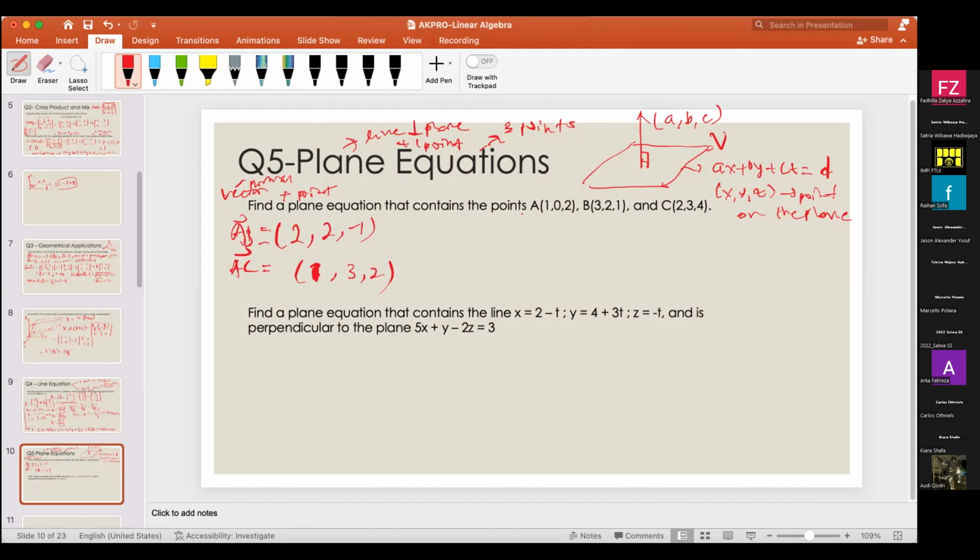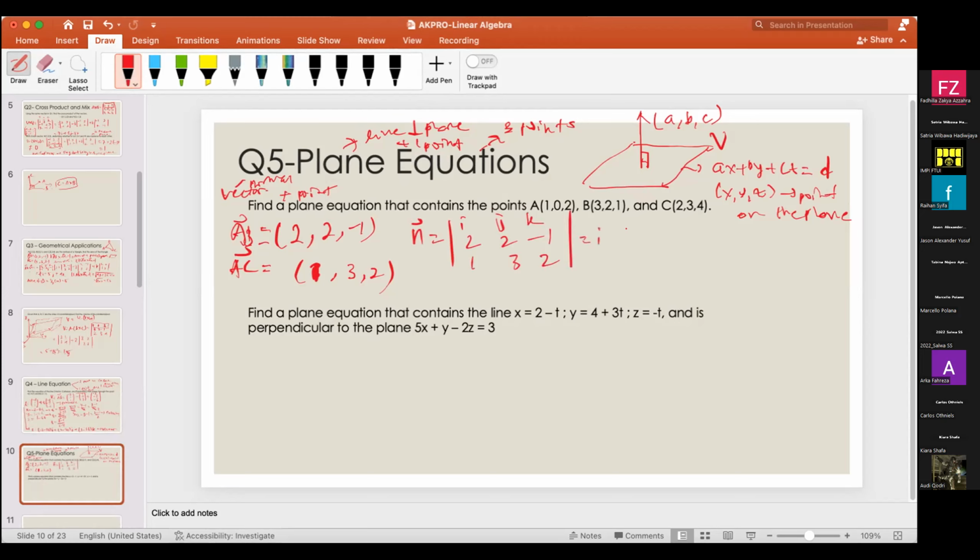And as I've mentioned previously, because we have these 2 vectors that lie on the plane, we can find the cross product. And this cross product is the normal vector that is normal to this plane. And so this would be n equals to the determinant of i, j, k, 2, 2, -1, 1, 3, 2.